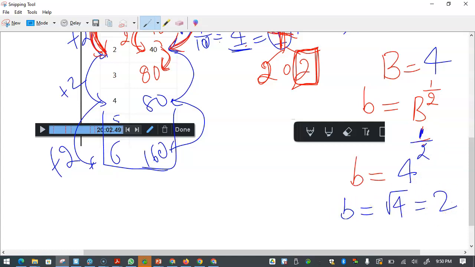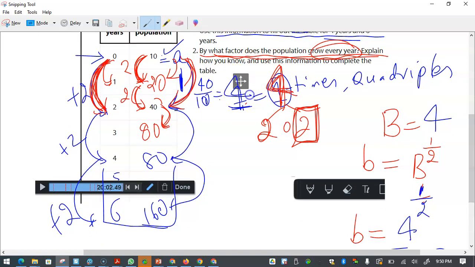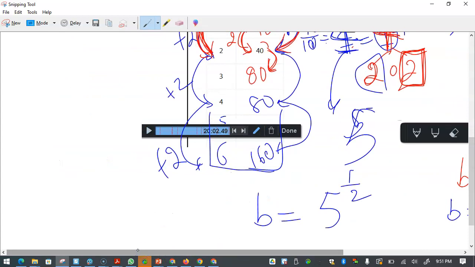So this is common sense, but my question is, what if instead of 4 this number was 5? Then the common sense fails, right? So if this was 5, your b will be 5 raised to 1 over 2.